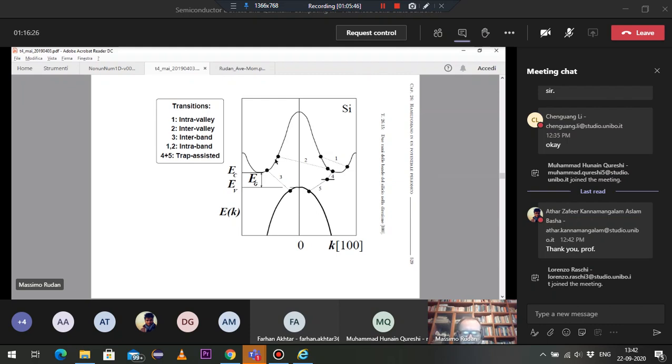So the strong interactions cannot be described in the easy way as we did for the weak interaction, so we did it by perturbation, okay? These are not to be considered perturbation. These are very strong events, so that an electron may change momentum and energy in a very short time, okay? Consider a classical example of a tennis ball that is thrown against a wall, okay?